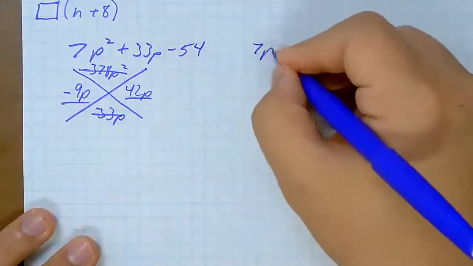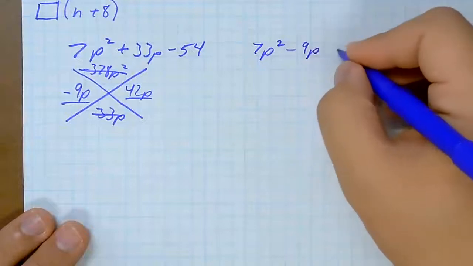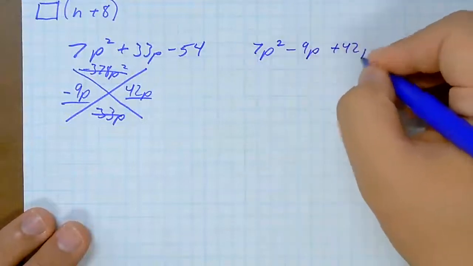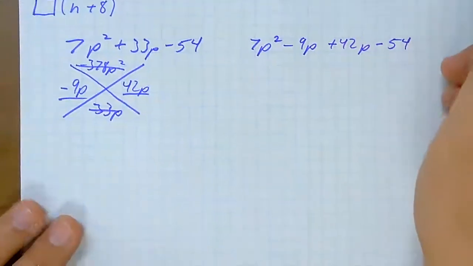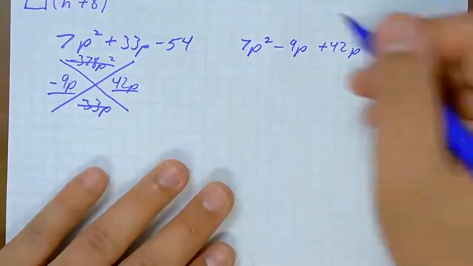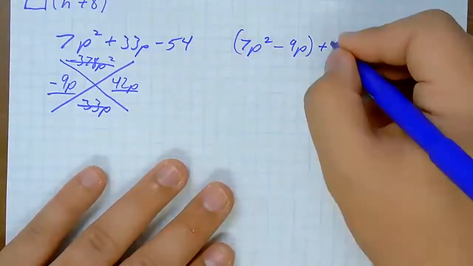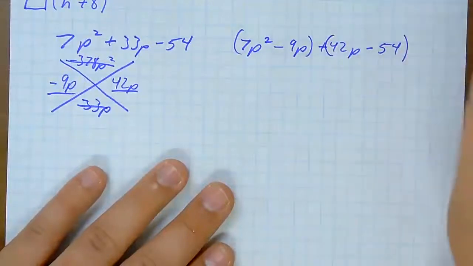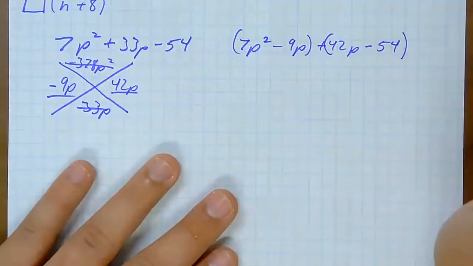So this becomes 7p squared minus 9p plus 42p minus 54. Okay. We're going to put these into groups. 7p squared minus 9p, 42p minus 54.